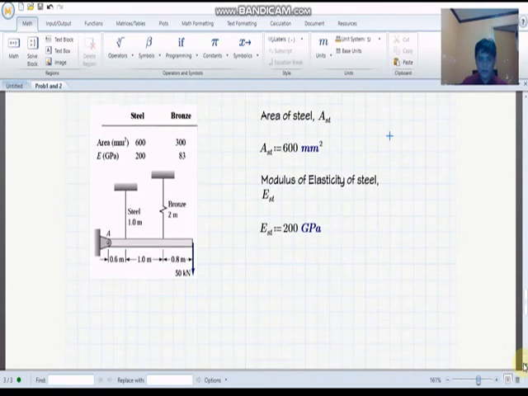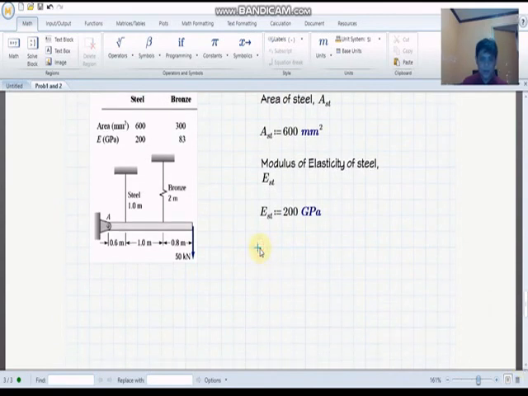And followed by the properties of the bronze.